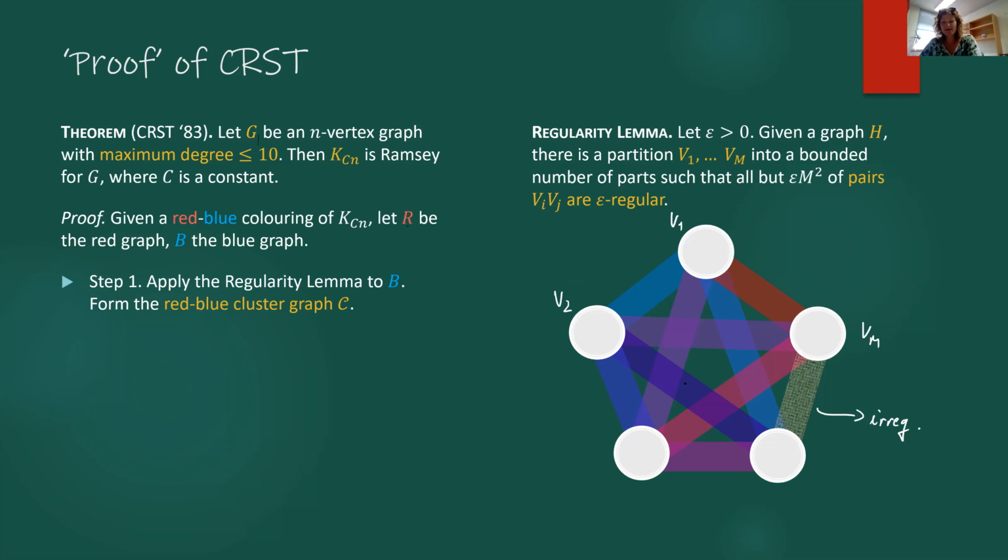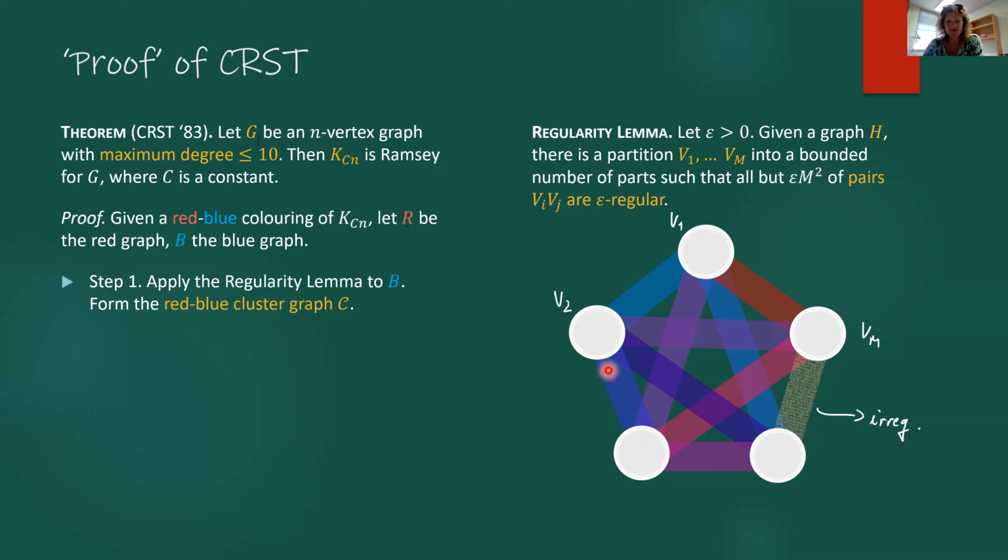And then, spoiler, our aim is to find parts so that everything between them is regular and has lots of blue or lots of red, whatever we get. We want to find parts with monochromatic regular stuff between them. So we work inside the so-called cluster graph.